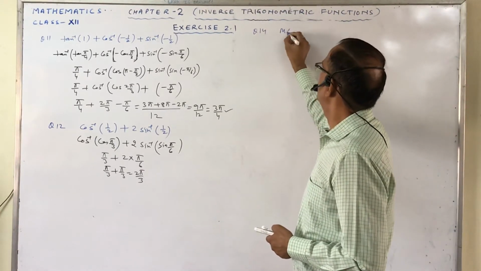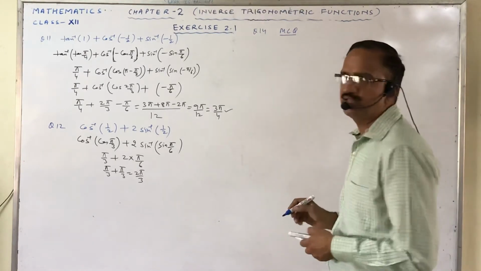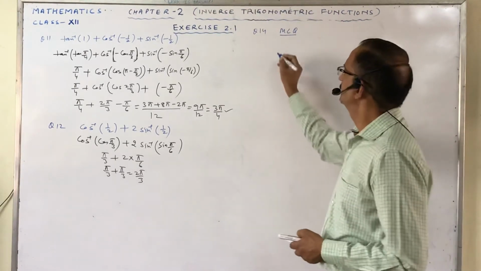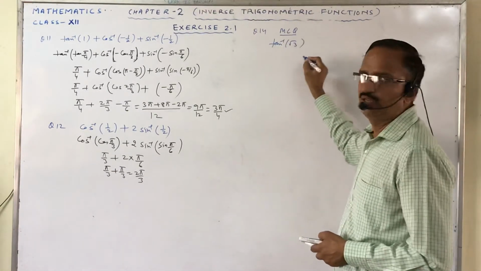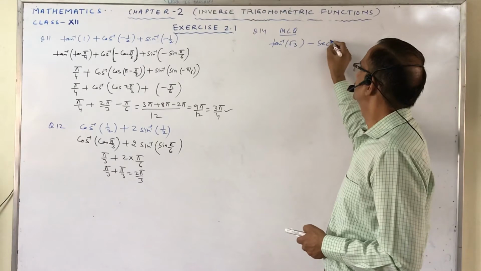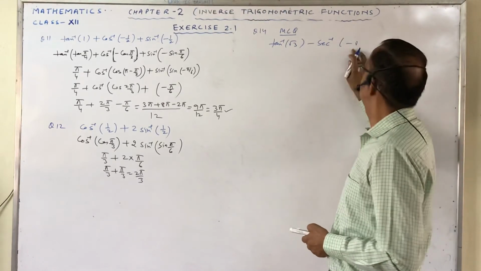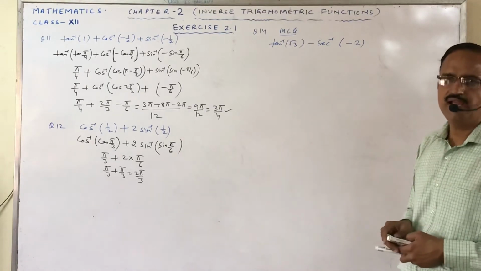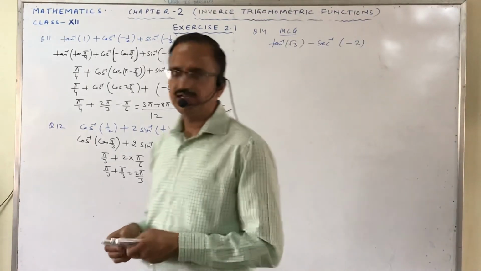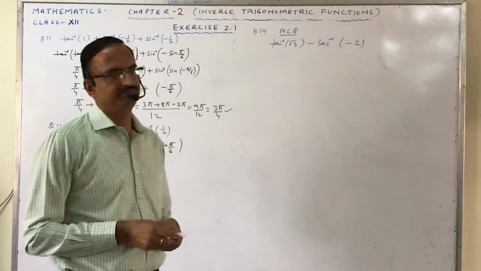It is a multiple choice question. 4 options are given. The question is tan inverse root 3 minus sec inverse minus 2. So we have to solve this and select the correct option.